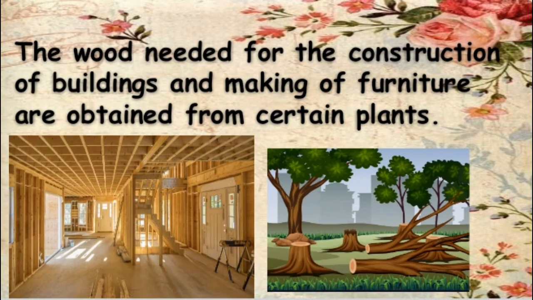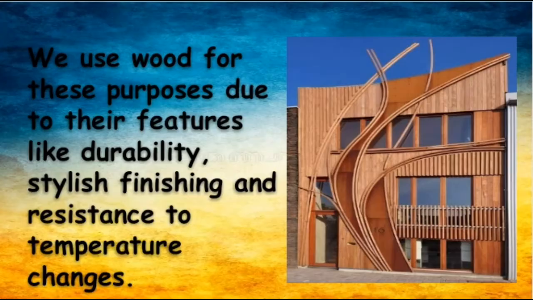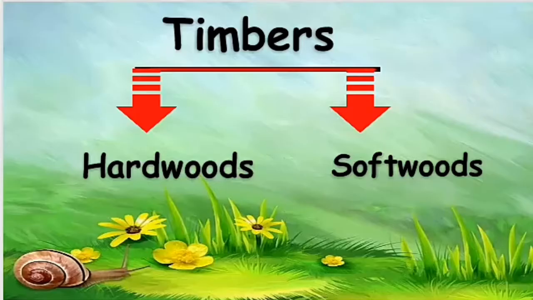Children, the wood needed for the construction of buildings and making of furniture is obtained from certain plants. And we use wood for this purpose due to features like durability, stylish finishing and resistance to temperature changes.